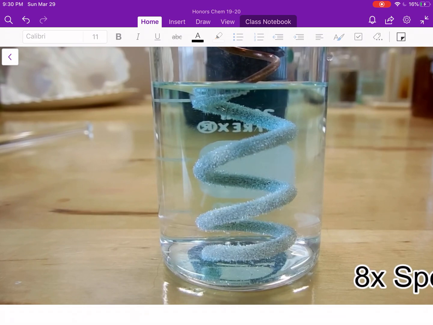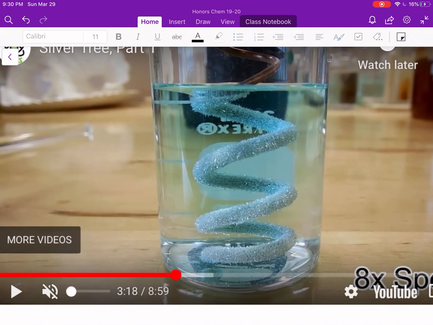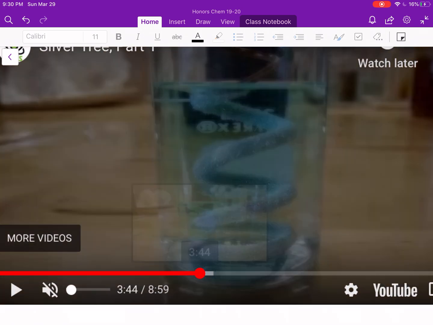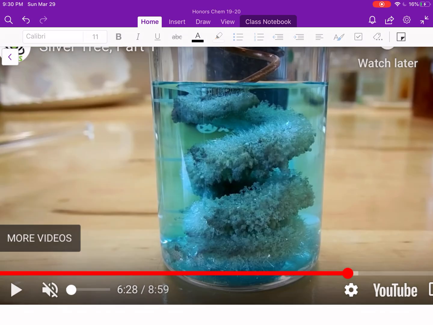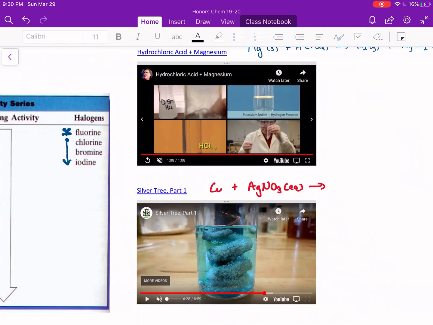So the solution starts to turn blue as the copper starts to go into solution, and basically we get this really fuzzy wire, and that fuzzy wire is just pure silver metal. So let's take a look at what that is going to be.